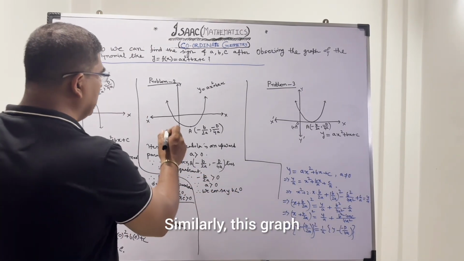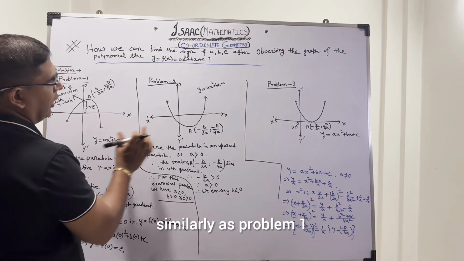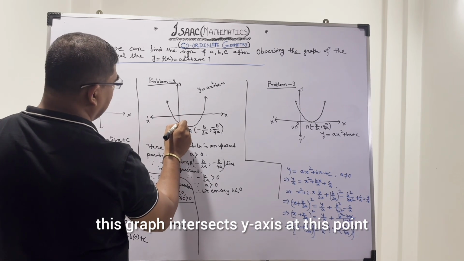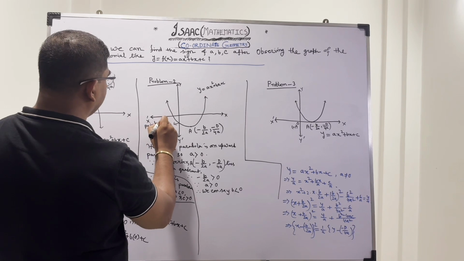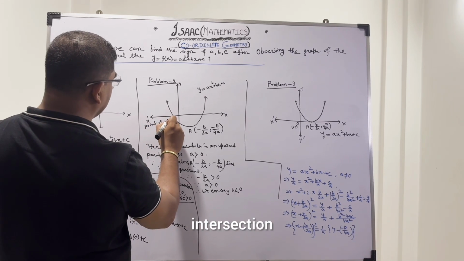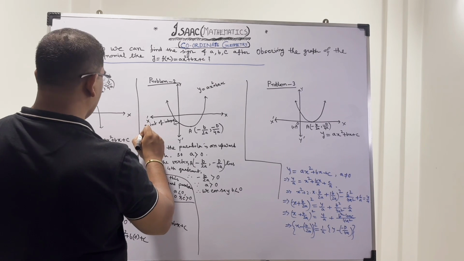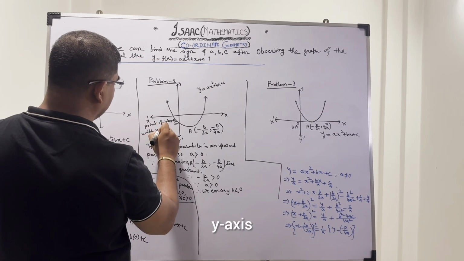Similarly, as in problem 1, this graph intersects the y-axis at this point of intersection with the y-axis.